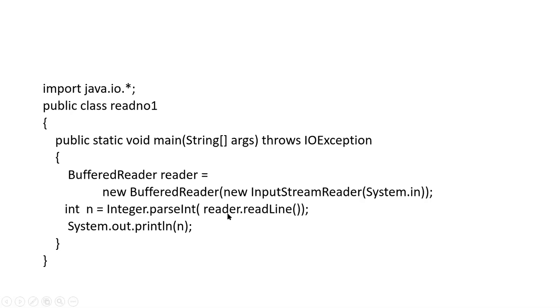We get the value using reader.readLine, but this readLine function accepts a string value, so we need to convert it into an integer, as we have specified an integer data type. So int n, and then we print using System.out.println(n). Let's see an example of how to do it.